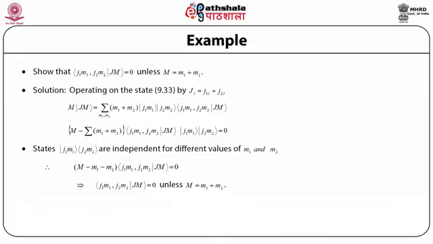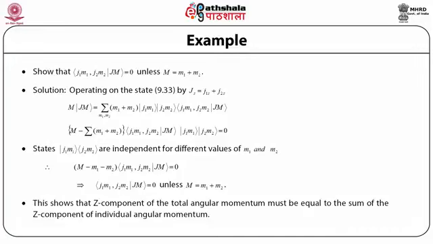This is an interesting, important result. To emphasize, the total angular momentum is obtained by adding vectorially the angular momenta of the two individual states j1 and j2. What we have shown is that the Z component of the total angular momentum must be equal to the sum of the Z components of the individual angular momenta.